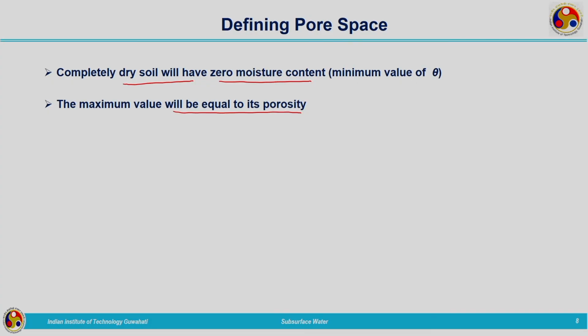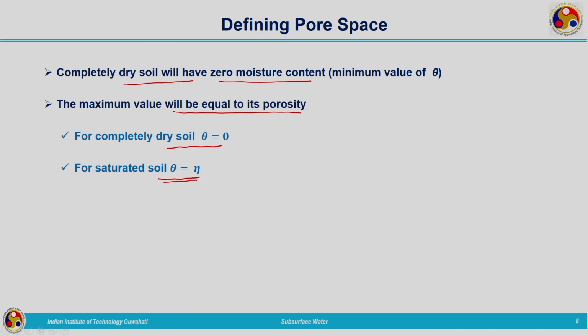If the entire voids are completely filled by water, then all the pore space is occupied by water. Then what will be the condition? Theta will be equal to complete void space, that is equal to porosity. So, for completely dry soil theta is equal to 0 and for saturated soil theta is equal to eta.